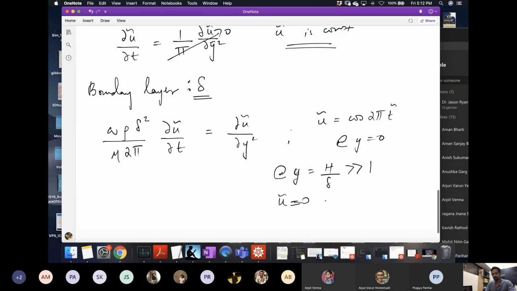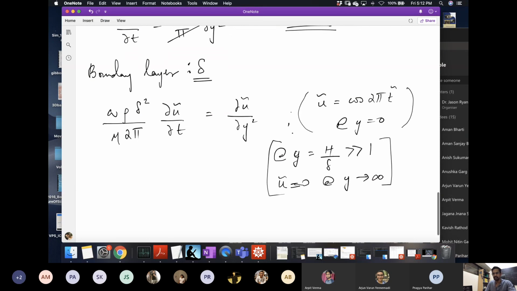So this is like u equal to 0 as y tends to infinity almost, because H I'm saying is going to be very large. But this you can keep in the back of your mind. The main boundary condition is this one, that at y equal to 0, u will be cosine 2 pi T tilde. And then as y goes very large, the velocity should decay to 0.